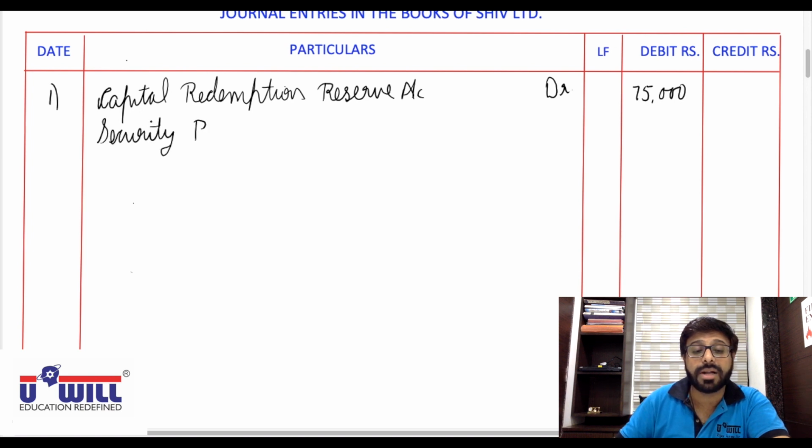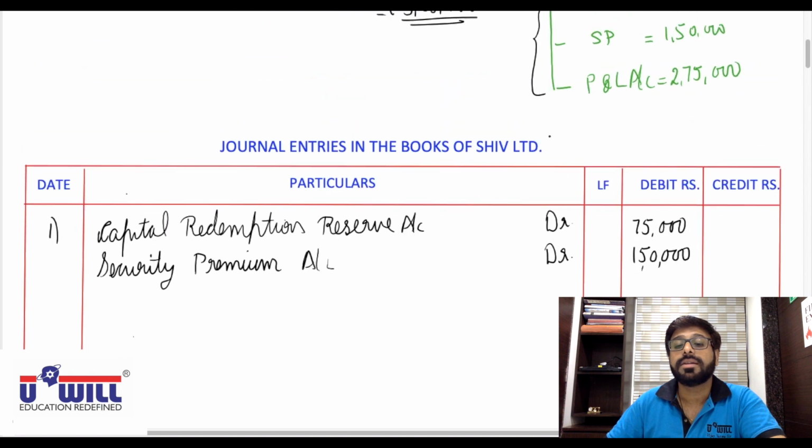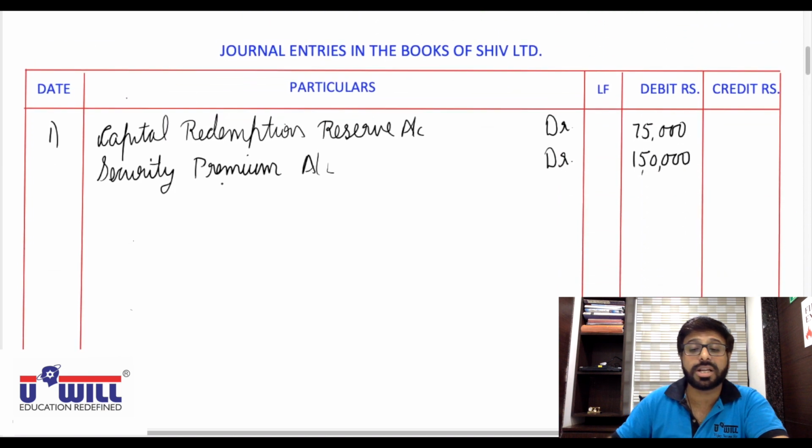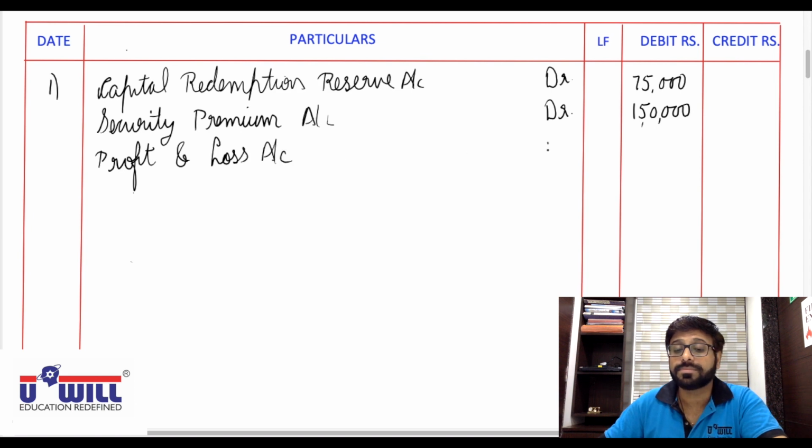Security premium account debit 1,50,000. Then after security premium, profit and loss account, we have to debit with 2,75,000. Profit and loss account debit 2,75,000.